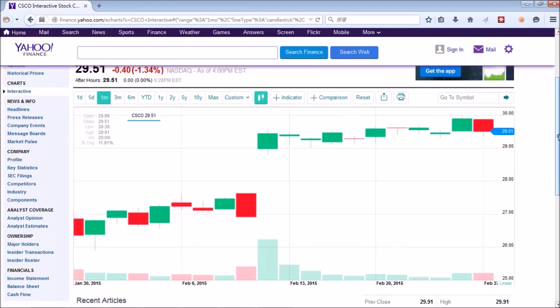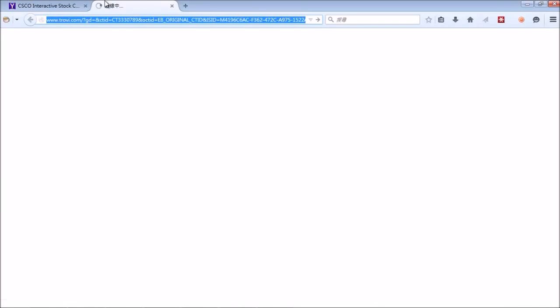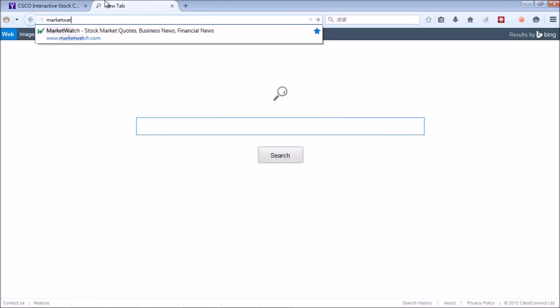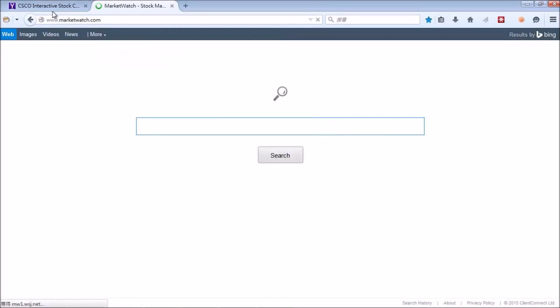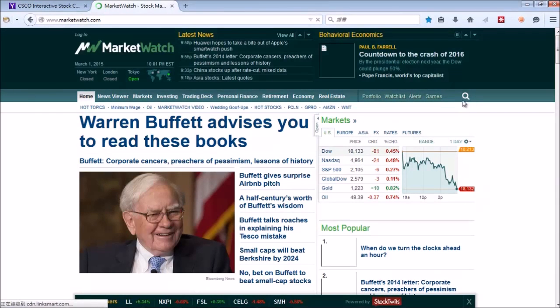What I was saying in the last video before I was cut off was a good place to check out the news for each stock is marketwatch.com, simply because it is more or less an aggregate of all of the other news sources, and it separates the news for a certain stock into categories.